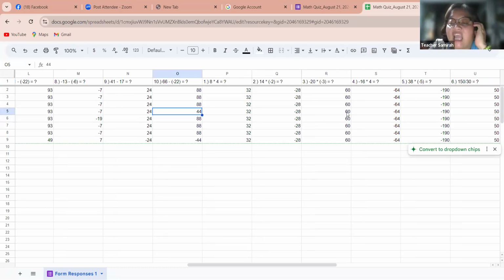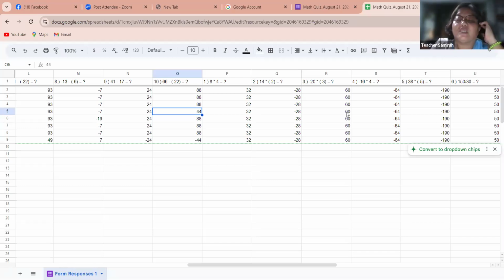66 minus negative 22. So remember, we are talking about subtraction of integers. Same, change, change. 66 will still be the same. Subtraction will be changed into addition. Negative 22 will be changed into positive 22.